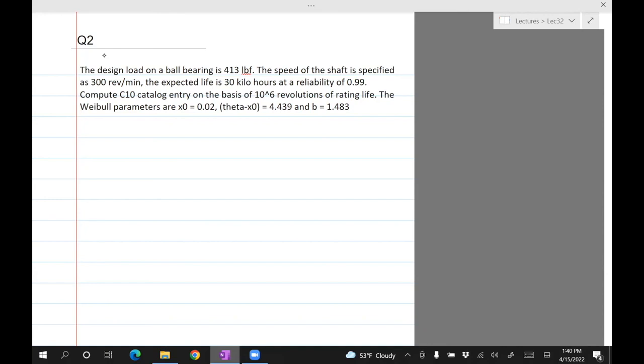Okay, so let's try to parse these values in terms of the variables we've identified before. So the design load on a ball bearing, that is the load which is desired, which we want to design it for. So Ft equals 413 lbf.